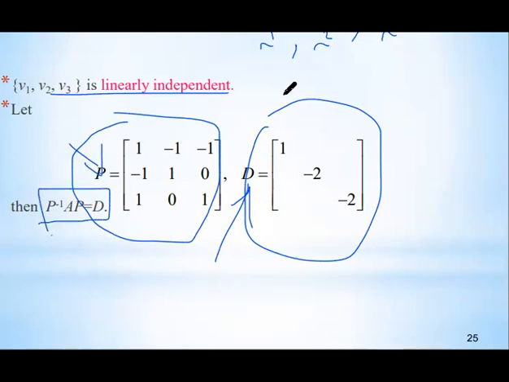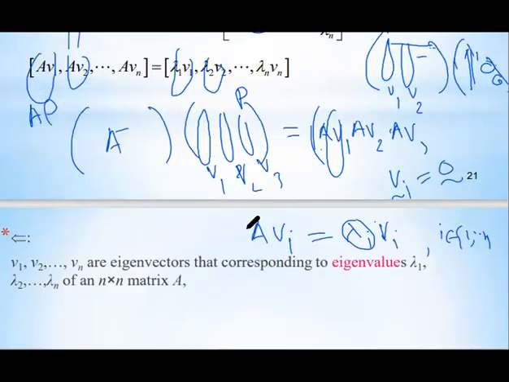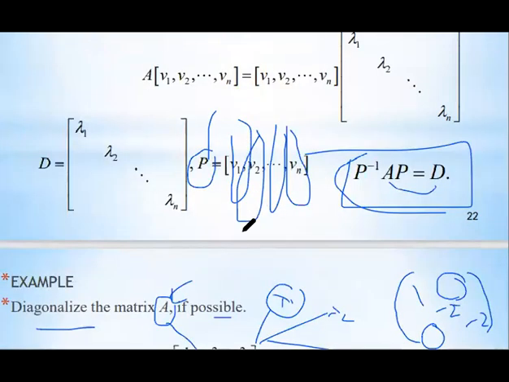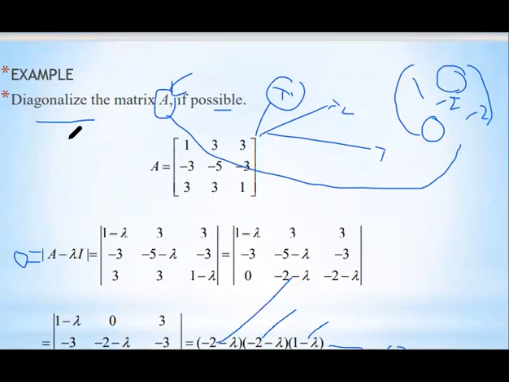Does this make sense to you? I will give a couple of problems today, then you will understand these things, don't worry. Any questions? Now you can check whether a given matrix is diagonalizable or not.